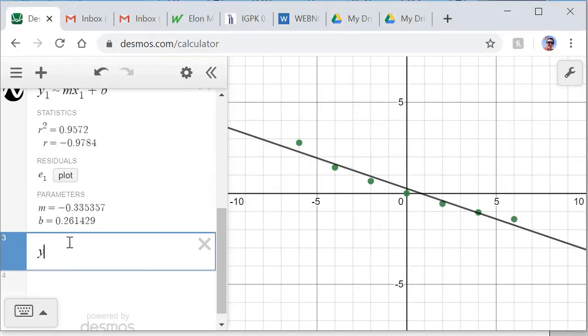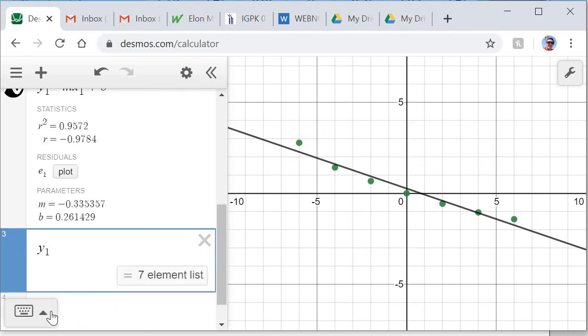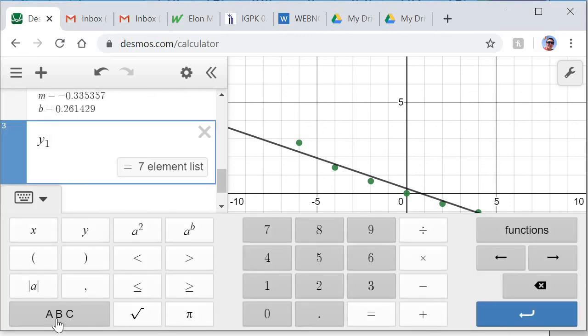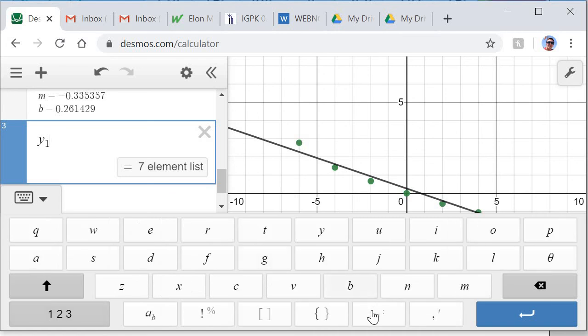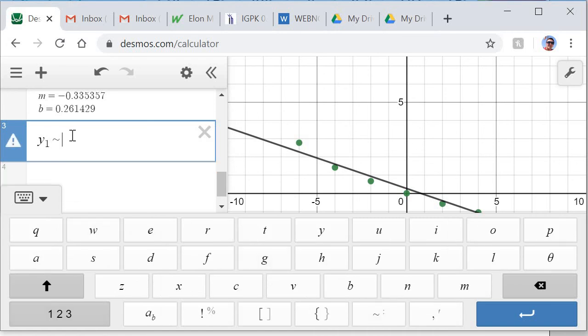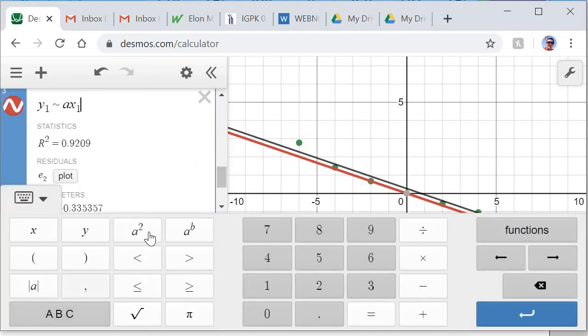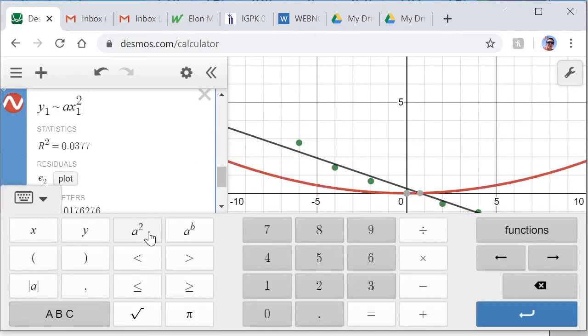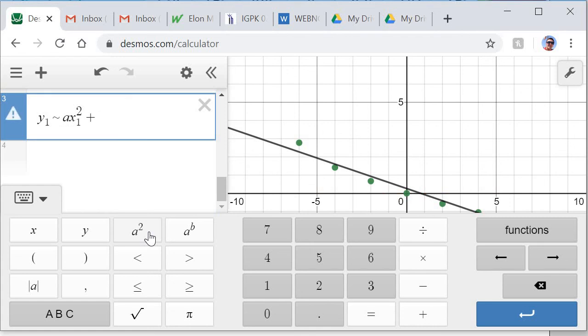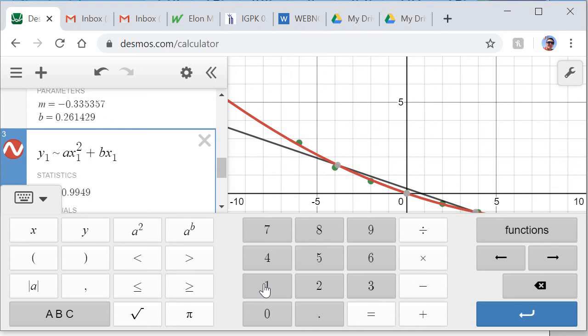This time we're going to do y1, and we start the same way. Go to your ABCs, find the approximation symbol, and instead of mx, we're going to type in a x1 squared, and then add plus b x1 plus c.